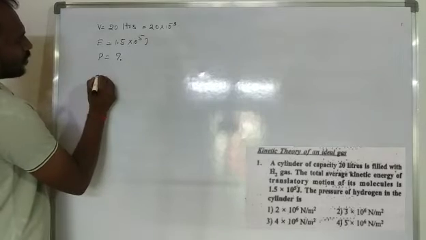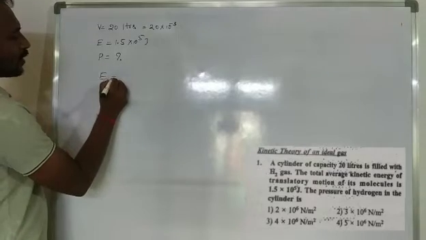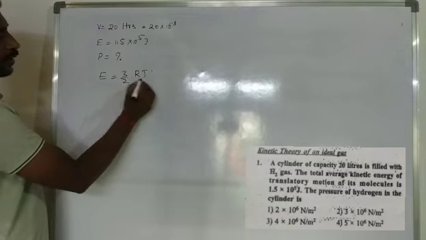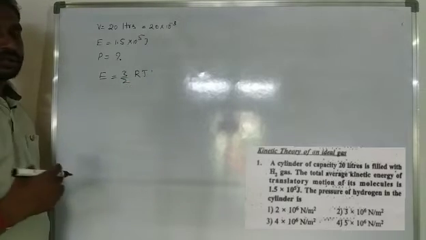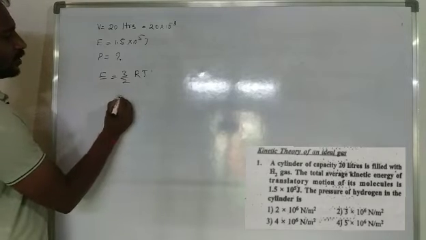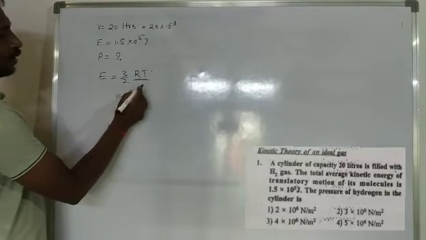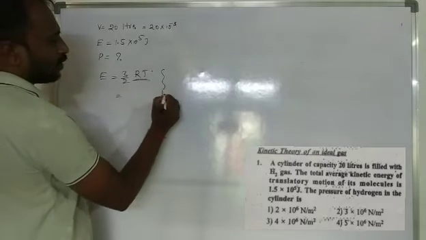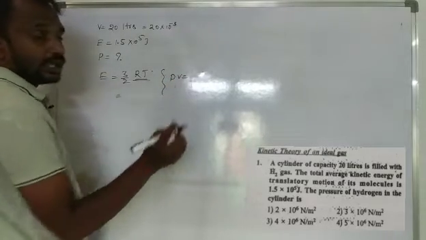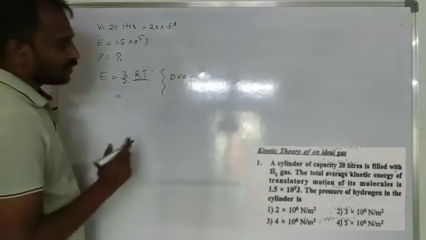You already know that energy is equal to 3/2 RT divided by N, where N is the number of gas molecules. In place of RT we consider PV, because we know that PV is equal to nRT, with n the number of moles, here 1 mole.